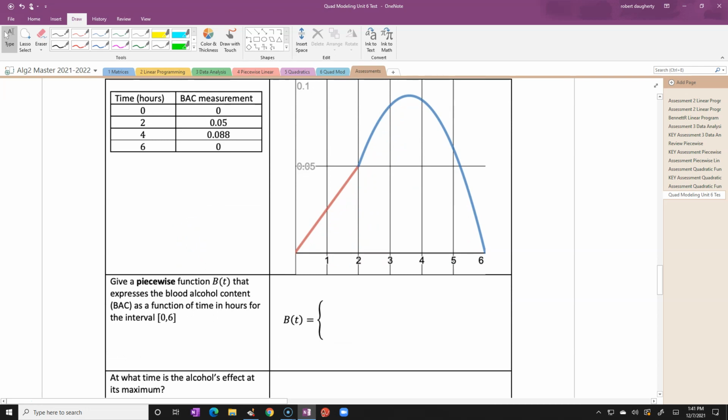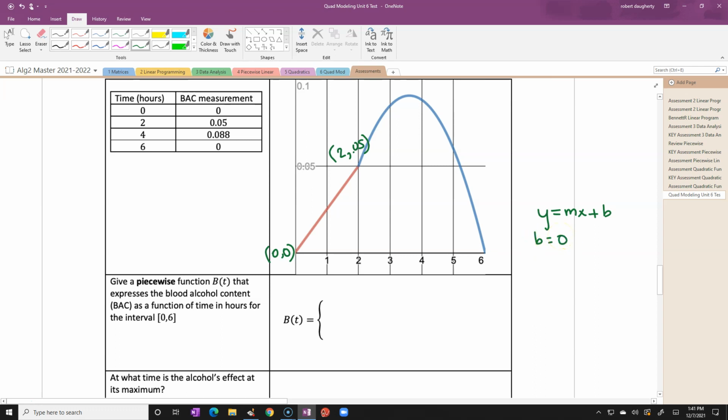So the first part that is in red, that is a line that goes through the point 0, 0, and it goes through the point 2, 0.5. So that's a line, so if I go y equals mx plus b, you know that b is 0, it goes through the origin.